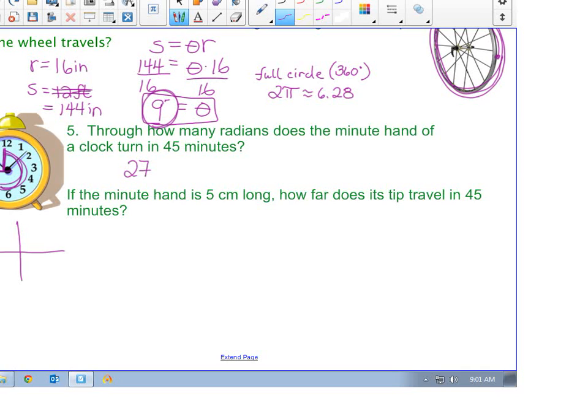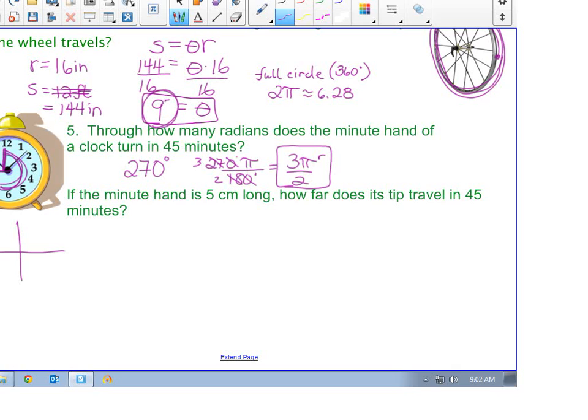Most of us would think 270 degrees, and then let's convert it to radians. So we're going to multiply 270 degrees times pi divided by 180. We'll leave it in terms of pi. 9 goes into both of those, 3 times, then 2 times, so 3 pi over 2 radians. That's the value in radians of 270 degrees.